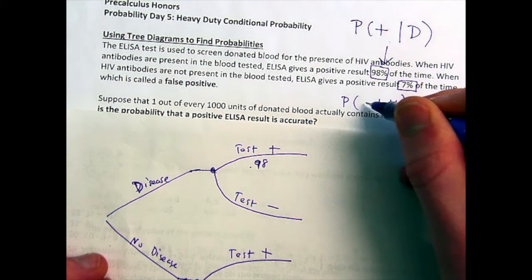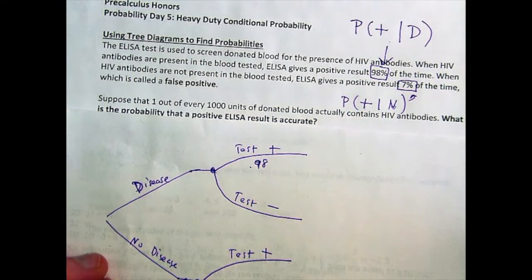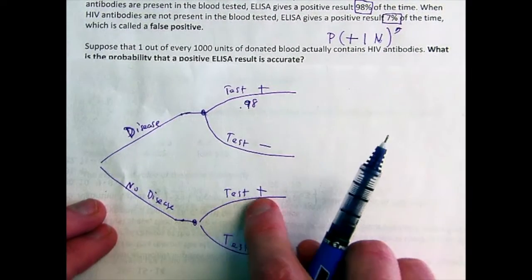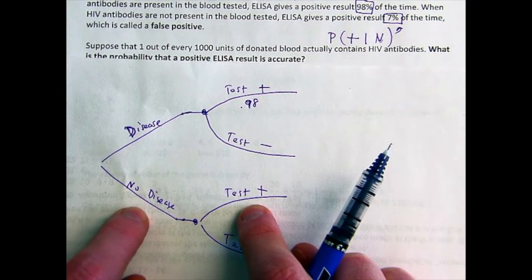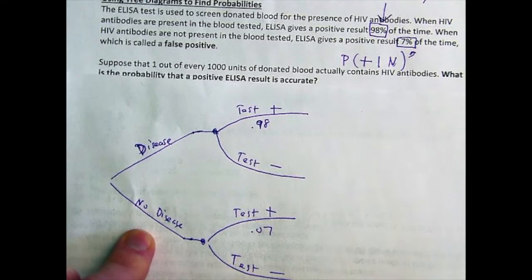So that's the probability that you'll get a positive test result given the fact that they have no disease. That's what this thing is here. And where does that appear in the diagram? It's going to be right down here. The probability that they test positive given the fact that they have no disease. So that's 0.07.